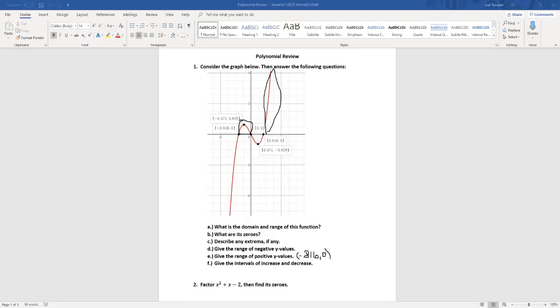And then they're positive from 0.816 to infinity. So there's the range where you have positive y values.